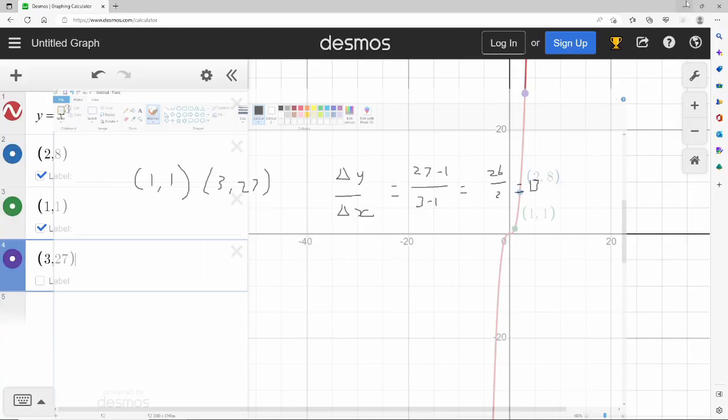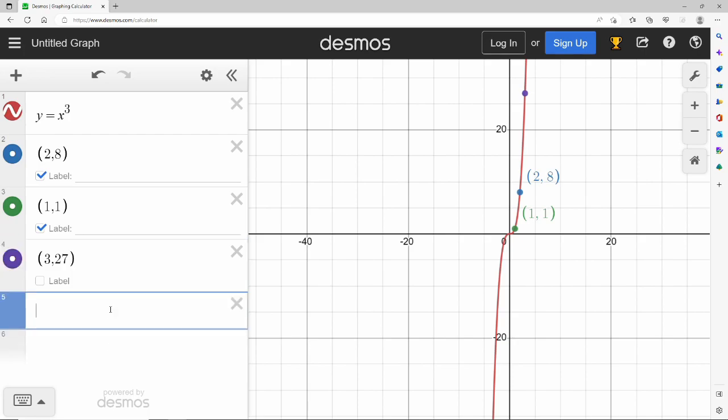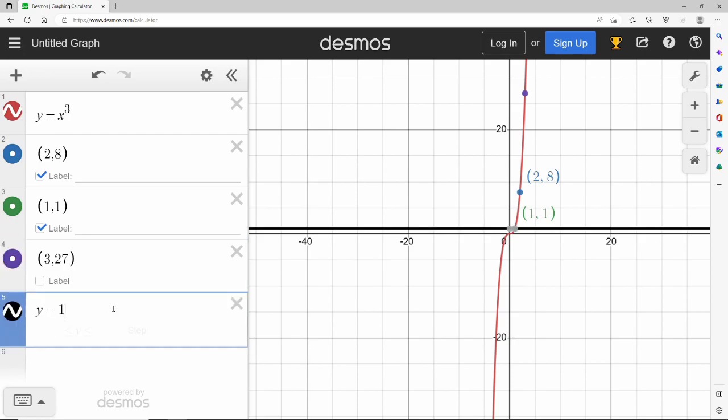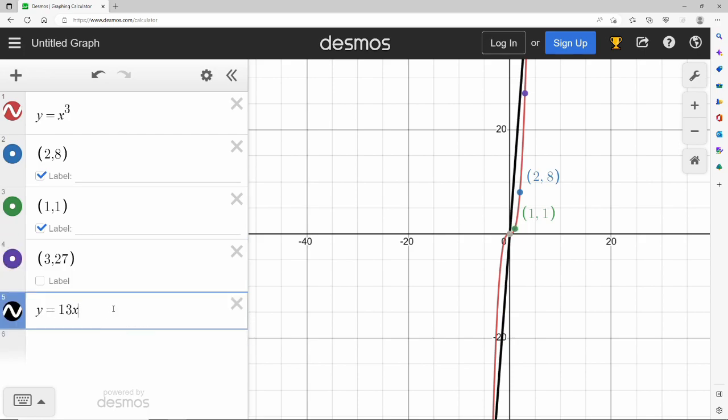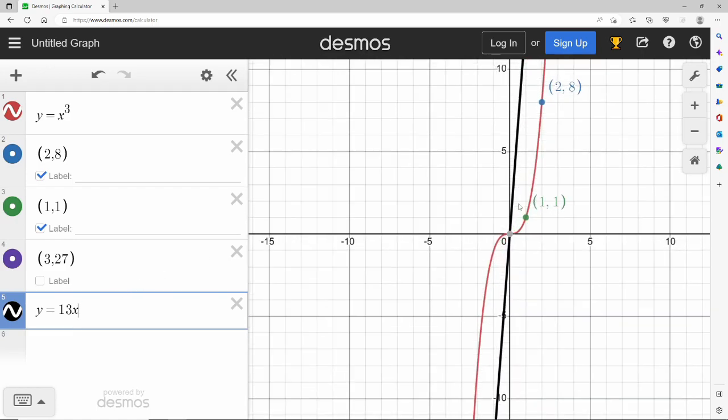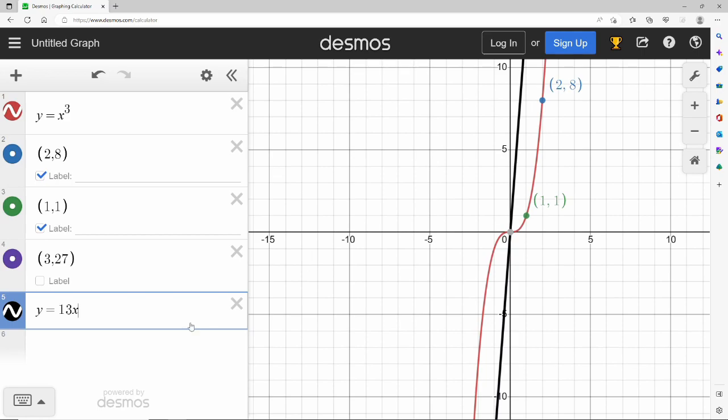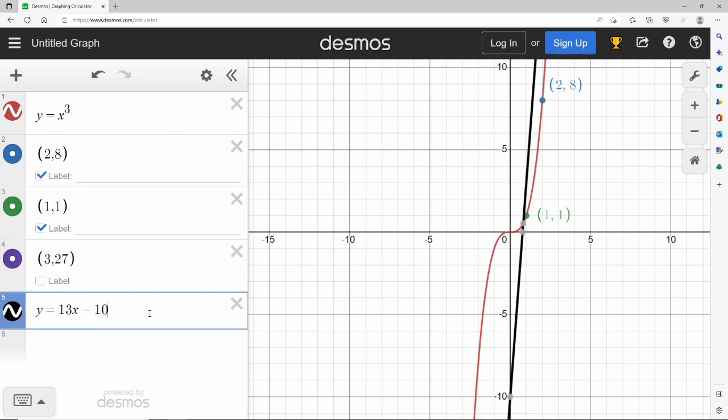Let's plug that into our Desmos graphing calculator. So let's try y equals 13x. Okay, so that's the black line, and it's nowhere near the curve, so we're going to have to shift it across. So let's say minus 10. It's getting closer. Minus 12, minus 13 rather.